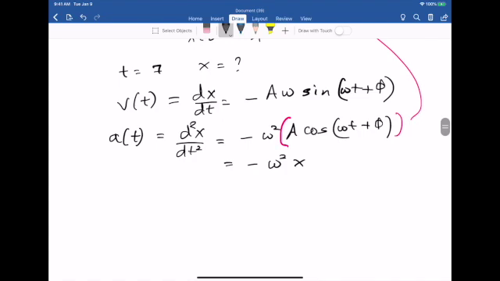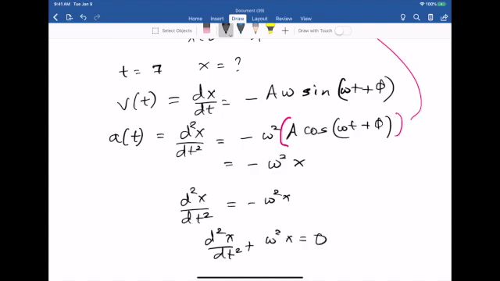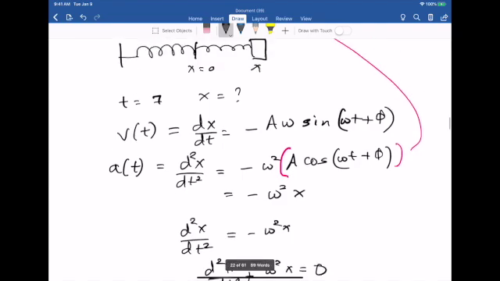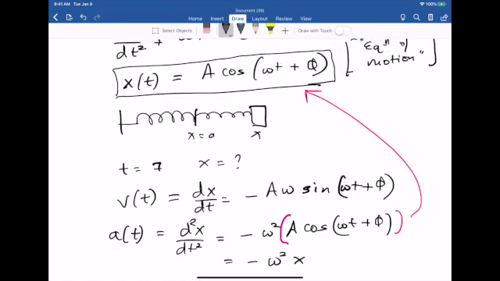And look at this. What I got over here is d2x/dt squared, with this particular x, is equal to minus omega squared x, or in other words, with this particular x, d2x/dt squared plus omega squared x is equal to 0. So I've verified that our function x of t satisfies the original differential equation, right?